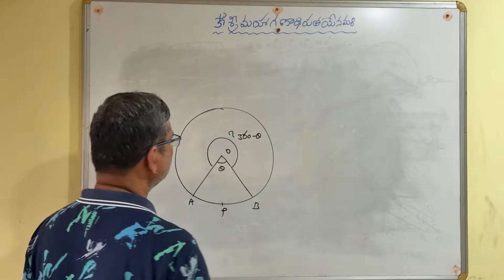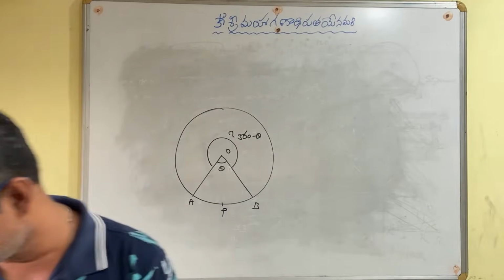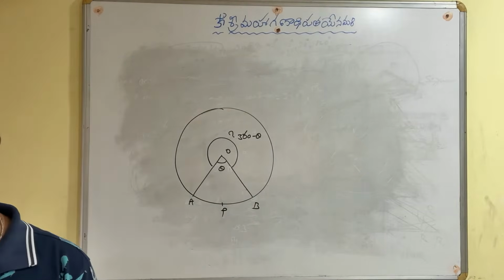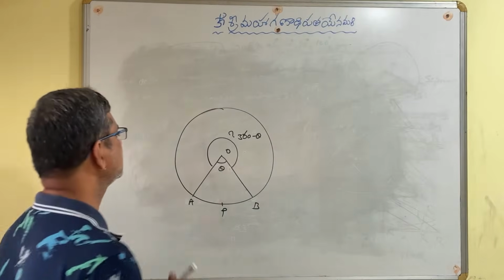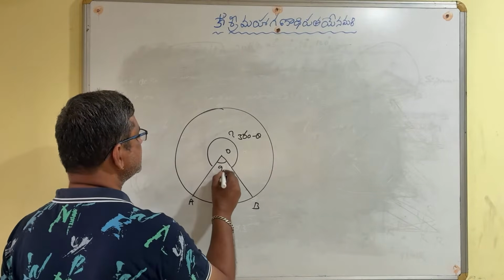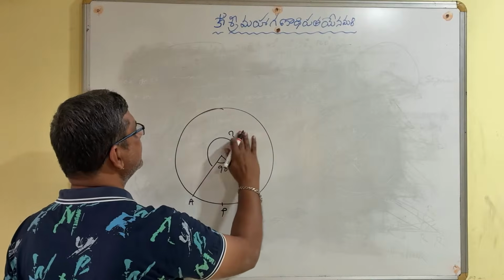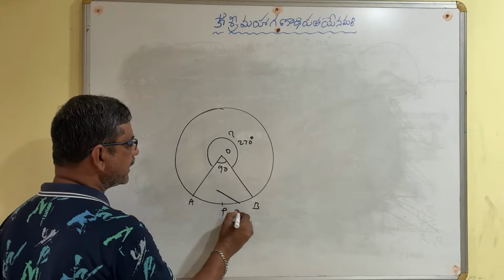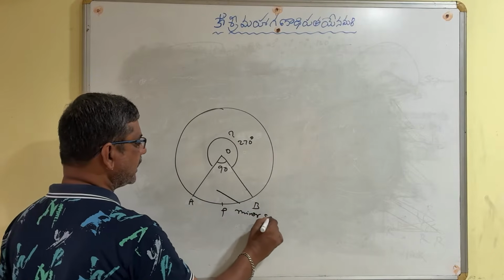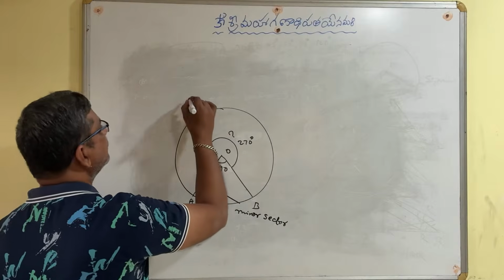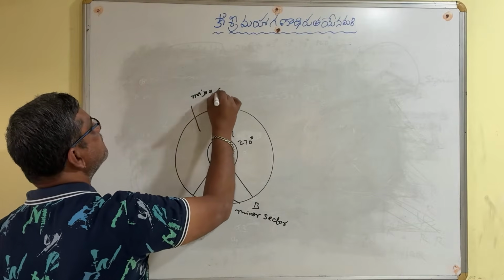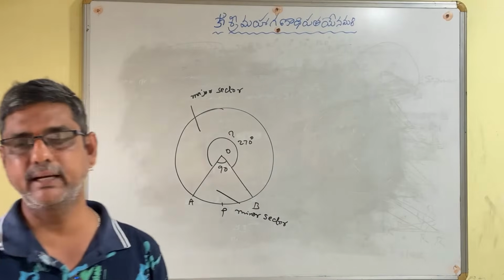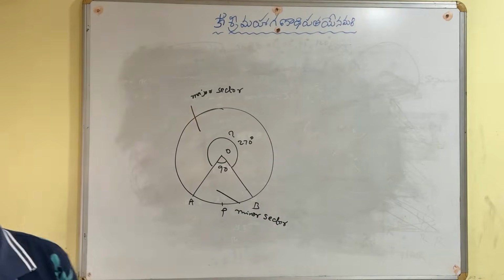Now in the given problem, the sector angle is given as a right angle, that means this angle is 90 degrees. Then this will be 360 minus 90, 270 degrees. So this one we call a minor sector and this one a major sector.